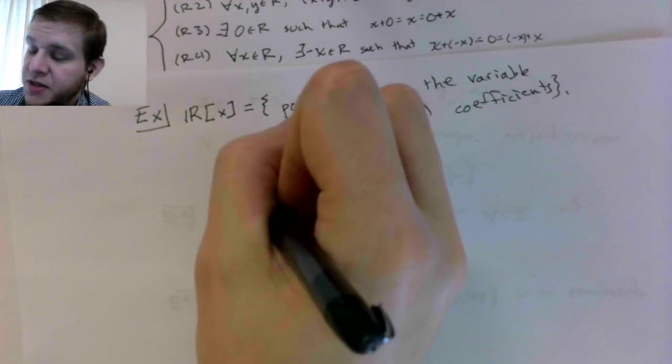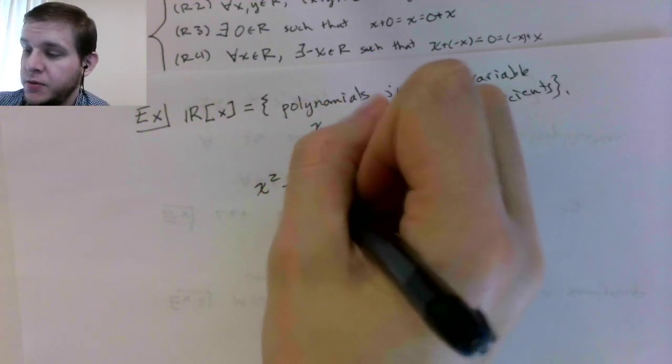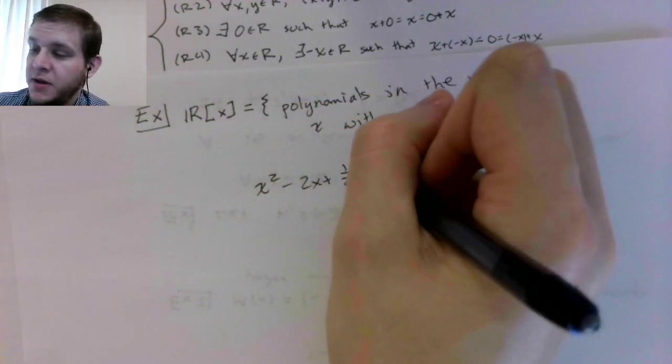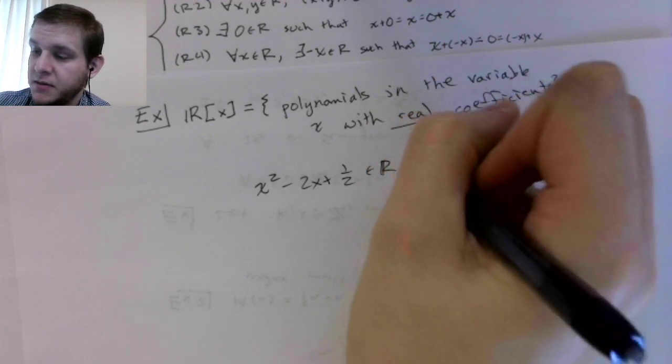So for instance, x squared minus 2x plus 1/2 is an element of R of x.